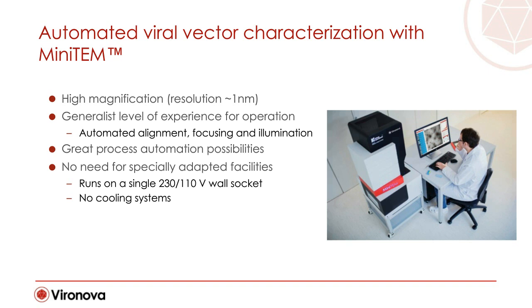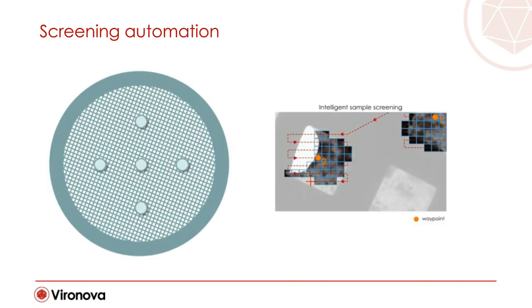Because of the automation, the instrument can be operated on a generalist level, which makes it accessible for more personnel. The instrument can be placed in standard laboratory settings with no extra requirements regarding mechanical or electromagnetic interference, which is usually the case when acquiring a full-sized electron microscope. Installation and commissioning takes a few days.